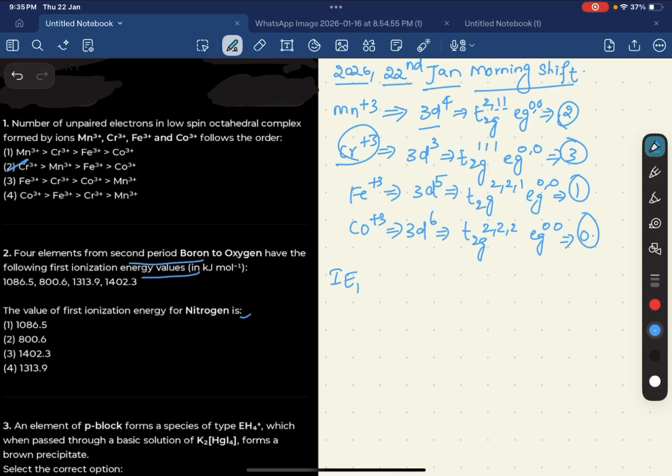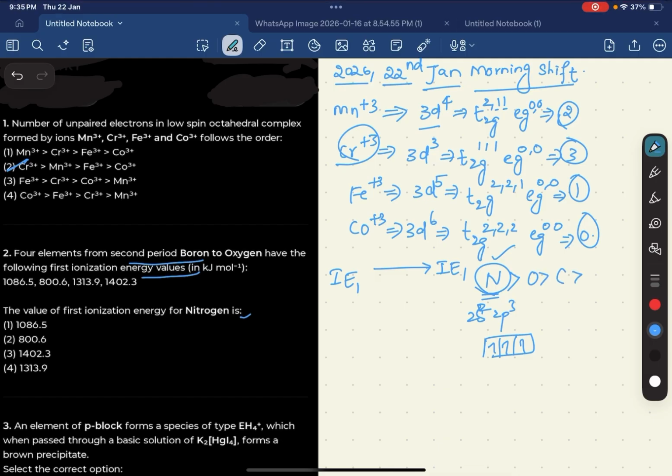In the normal condition, from left to right IE1 values will increase. But in the case of nitrogen and oxygen, nitrogen has a half filled configuration, 2s2 2p3. So due to the half filled configuration or symmetrical distribution of electrons, the IE1 value of nitrogen is greater than the IE1 value of oxygen. But in the case of IE2 it will be reverse.